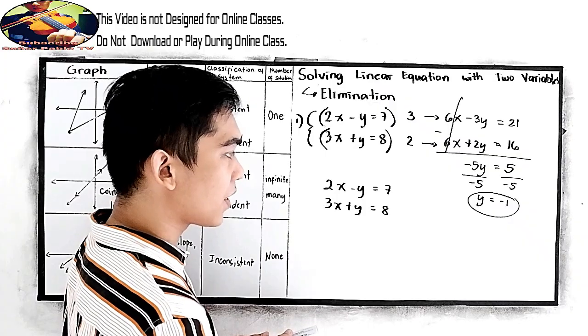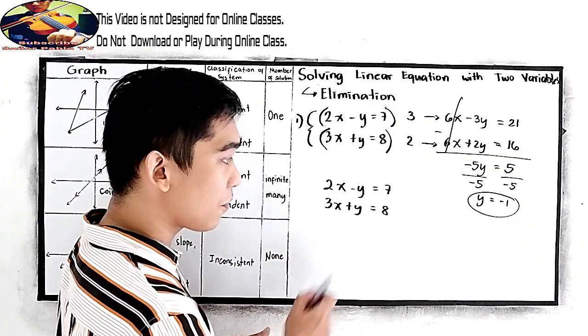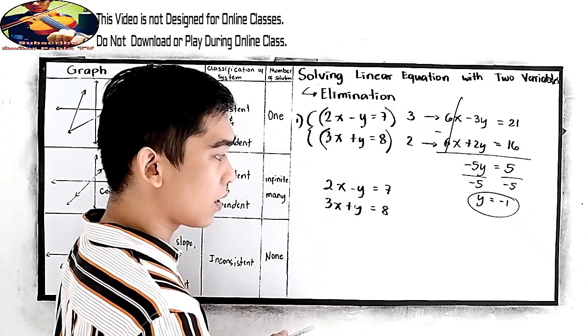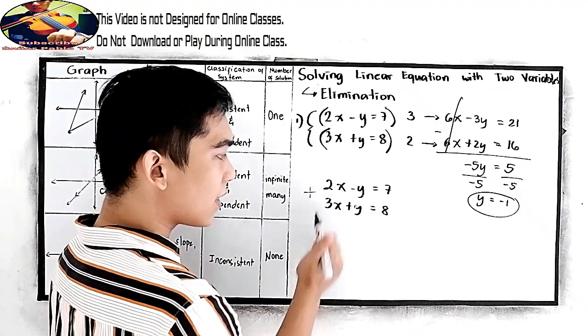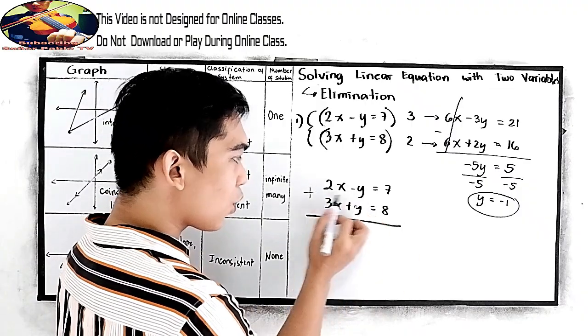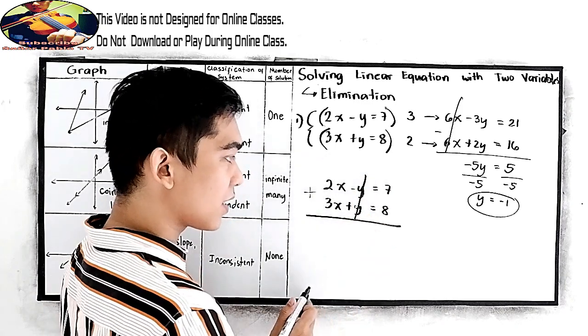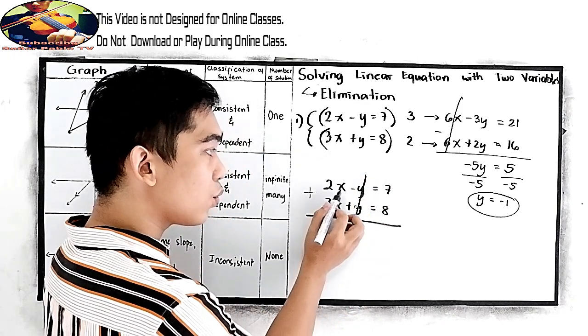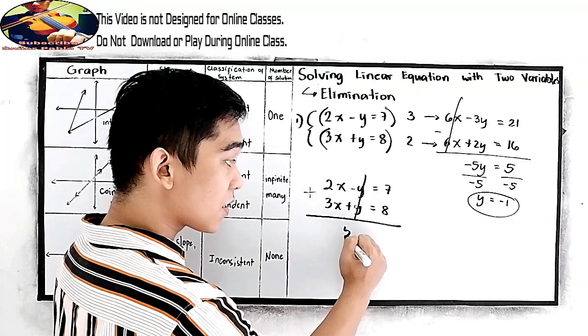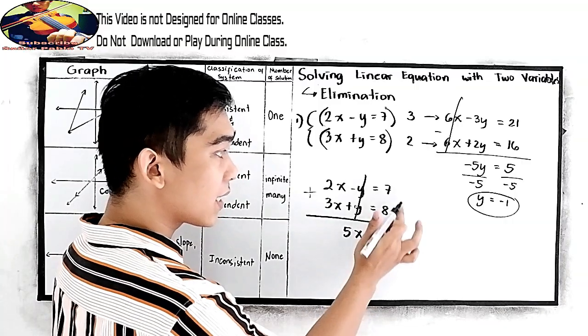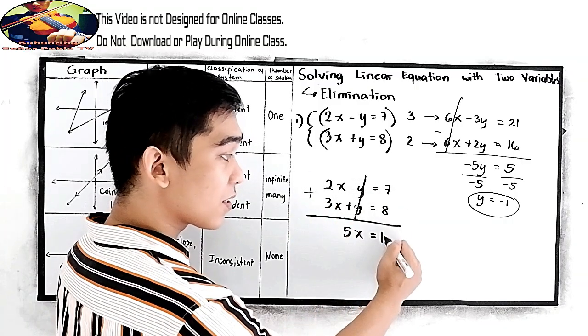They are just different in their sign. But our coefficient here is 1 and 1. So if we're going to add that, negative 1 plus positive 1, that will give us 0. So it will be cancelled out. Now we have 2x plus 3x, that is 5x, and 7 plus 8 will give us 15.